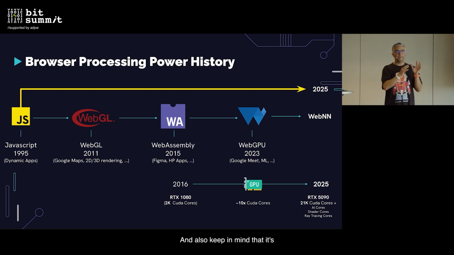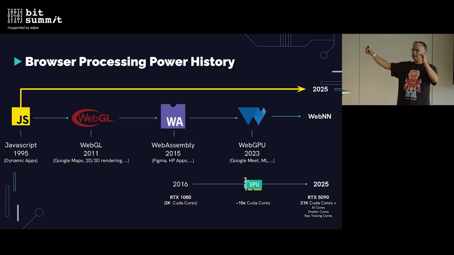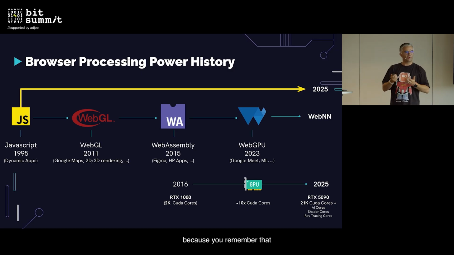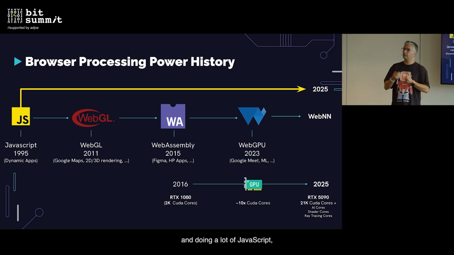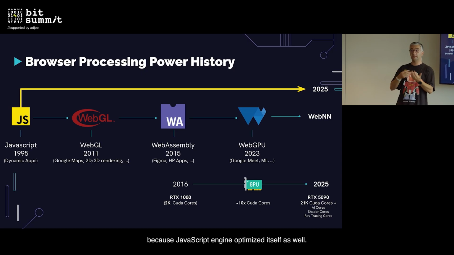Also keep in mind that everything has evolved: technologies, hardware, and JavaScript as well. The JavaScript engine has evolved, because you remember that at the beginning, with a lot of JavaScript, some websites were laggy, but not anymore, because the JavaScript engine optimized itself.